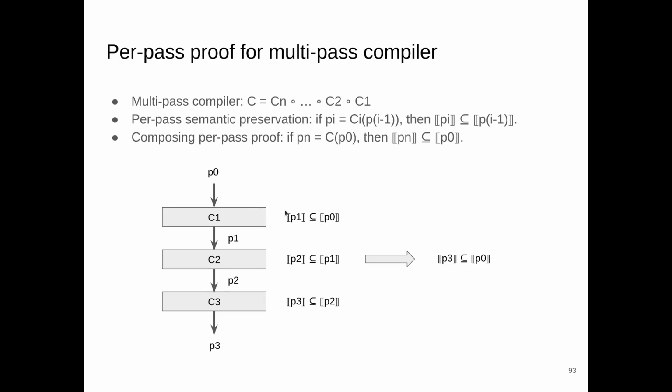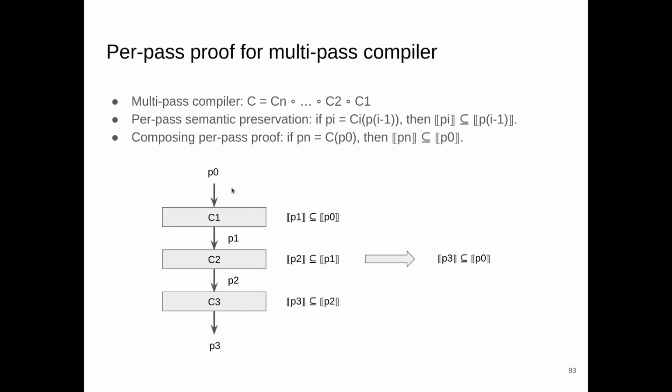The reason is that, let's say P0 is given to the first pass and P1 is given, and it is given to the second pass and P2 is given. And let's say that P2 is given to the last pass and it is giving P3 back. So the source program P0 is transformed in multiple passes to the target program P3.